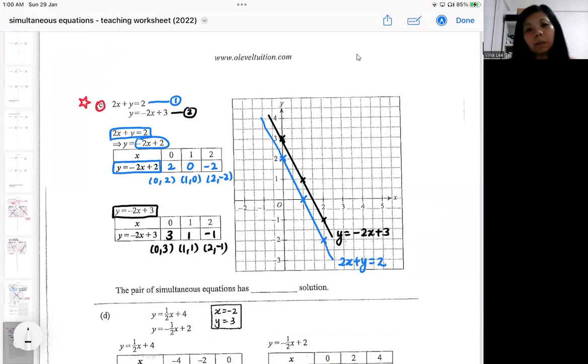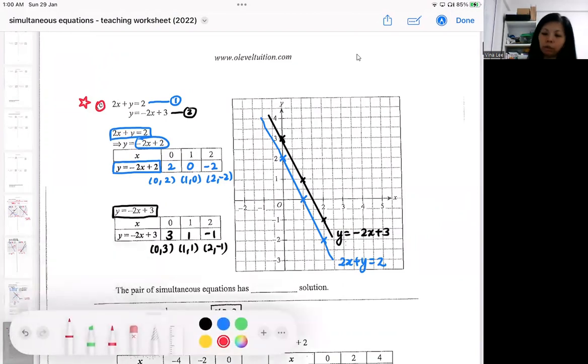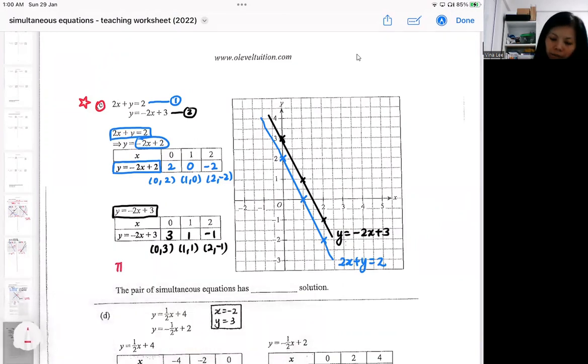So why is this a special case? You realize that there is no meeting point. The two lines don't meet each other at all. So in this case, if you look from a graph, there is no intersection. So when there is no intersection, the simultaneous equations have no solution.